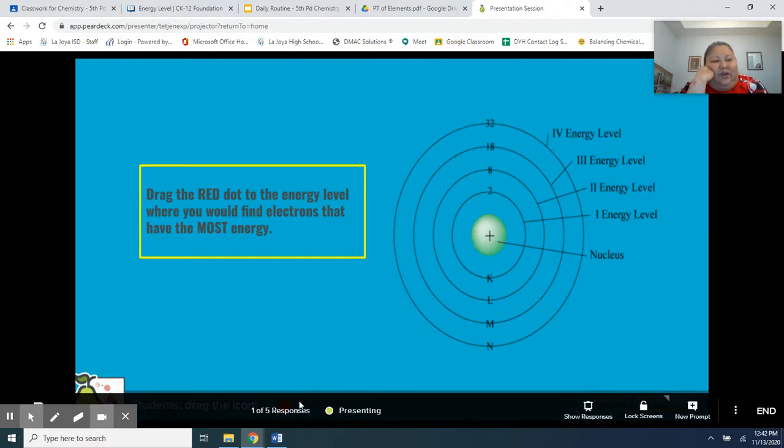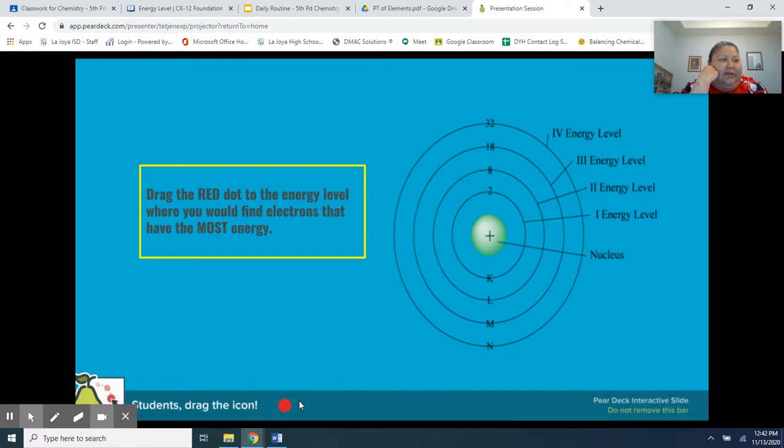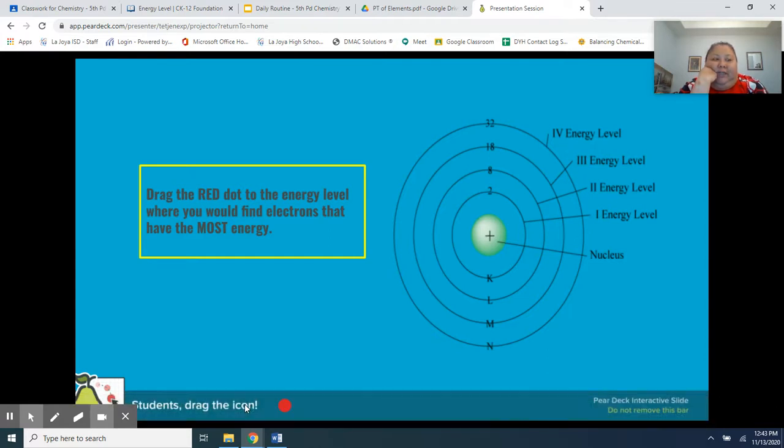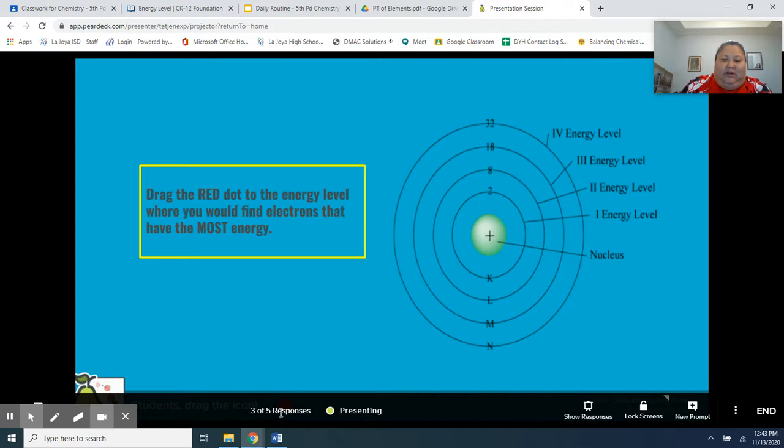Come on, guys. Participation counts. If you are not participating, don't expect extra credit. Two people have responded. But I have a lot more students here than just 2. Three people have responded. Excellent.